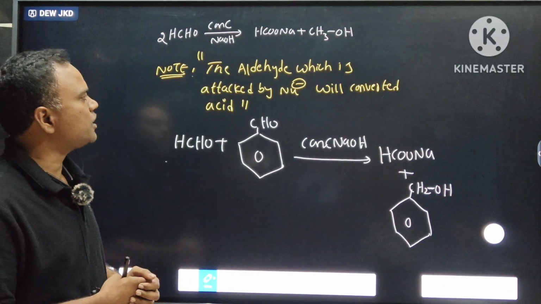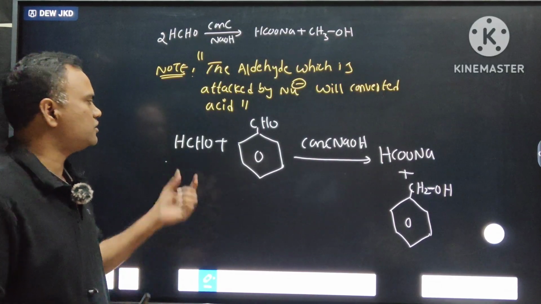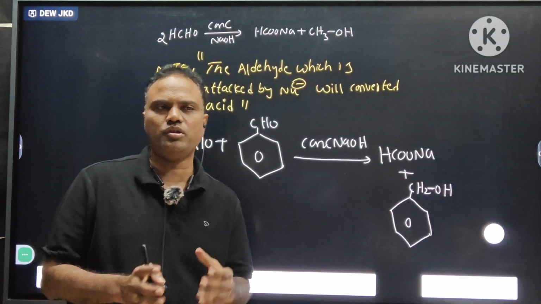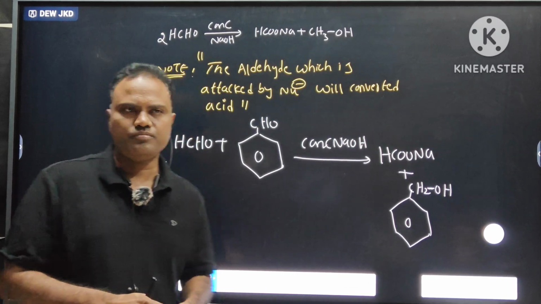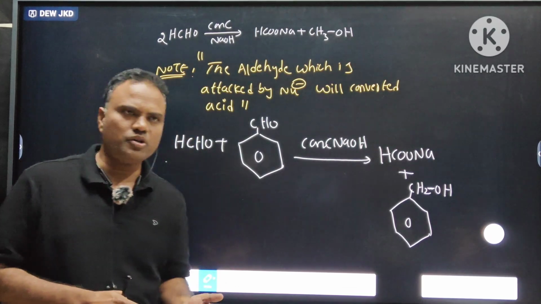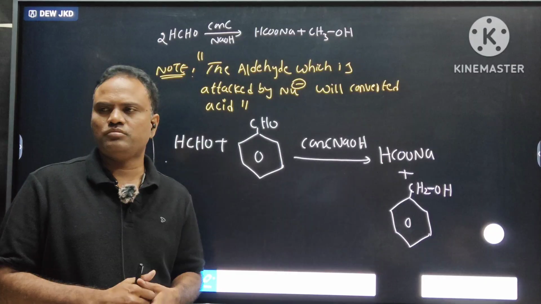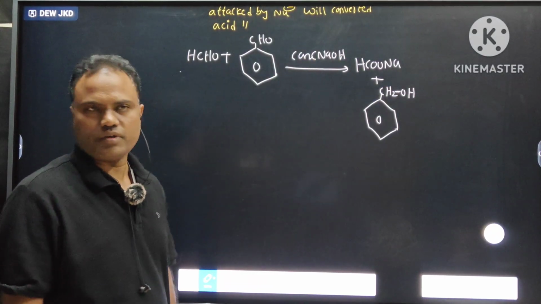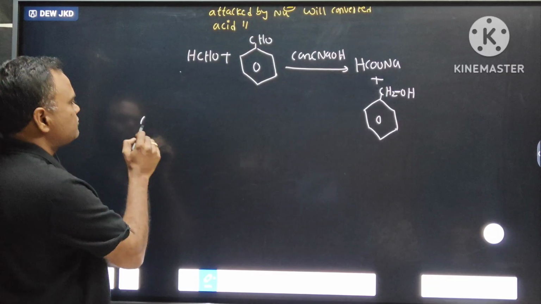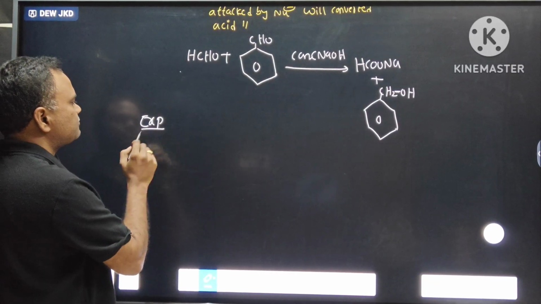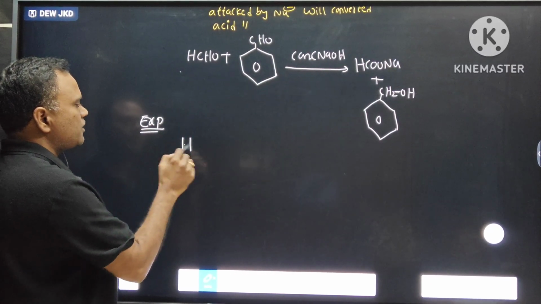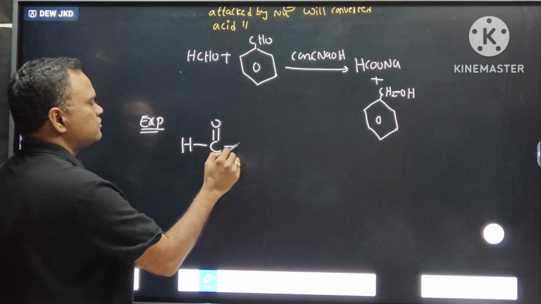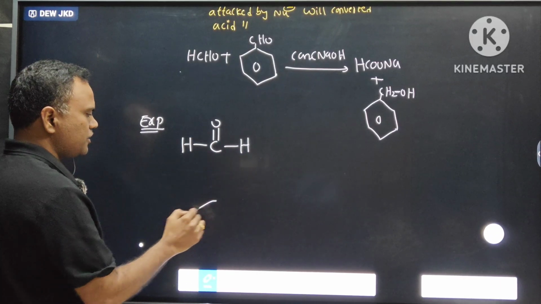The aldehyde which is attacked by nucleophile will convert to acid. Why is formaldehyde attacked by nucleophile first? Let us see. Yesterday we completed mechanism also. See, explanation or reason. Write formaldehyde and benzaldehyde.